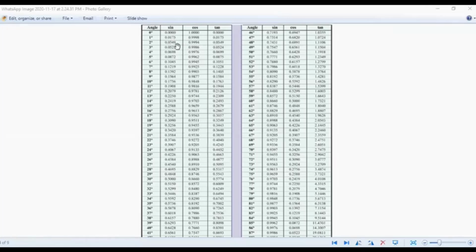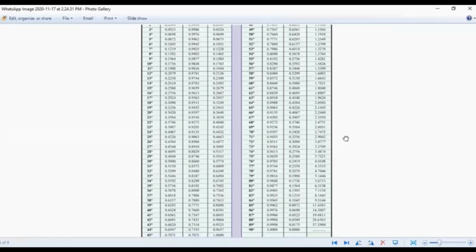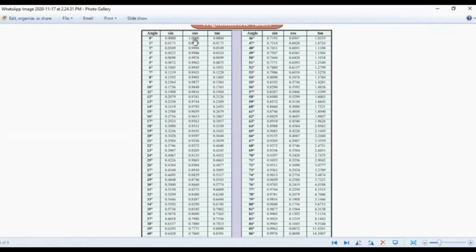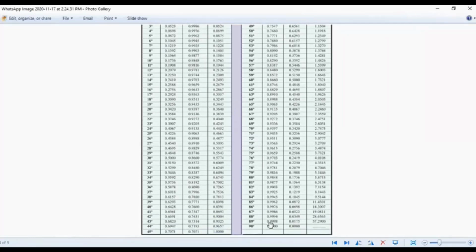Then it is gradually increasing, and when the angle becomes 30 degrees, sine value becomes 1 by 2, that is 0.5, and again increasing. Finally when it becomes 90 degrees, it will become 1. Next, for cos, the value for 0 degrees is 1. Cos value is decreasing when the angle increases. Finally when cos 90 comes, we have 0 value.